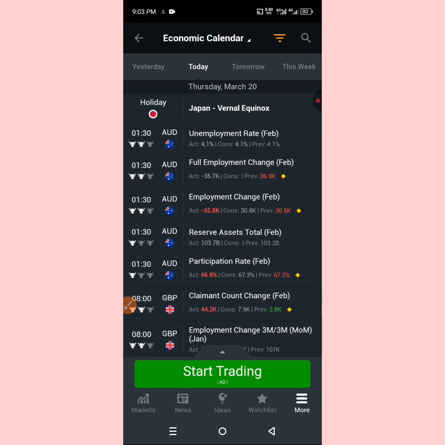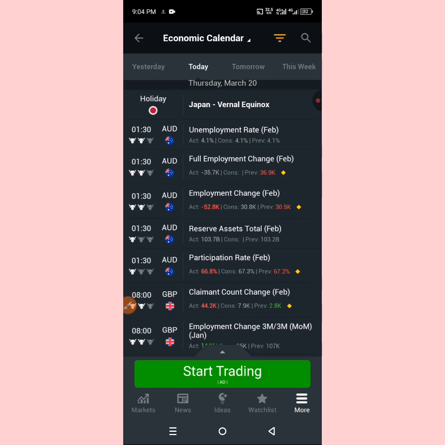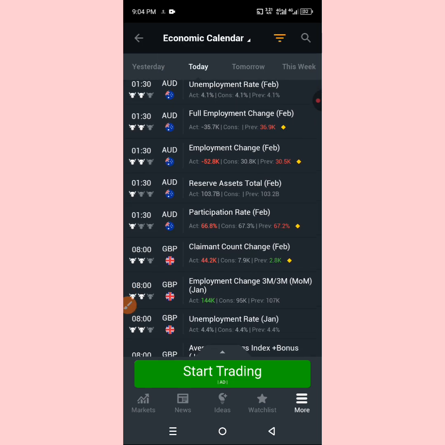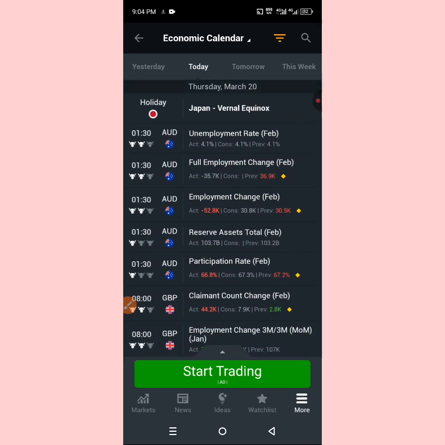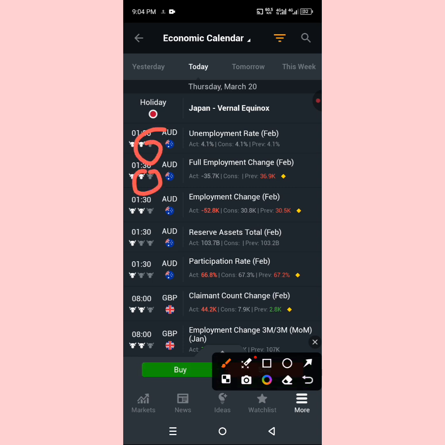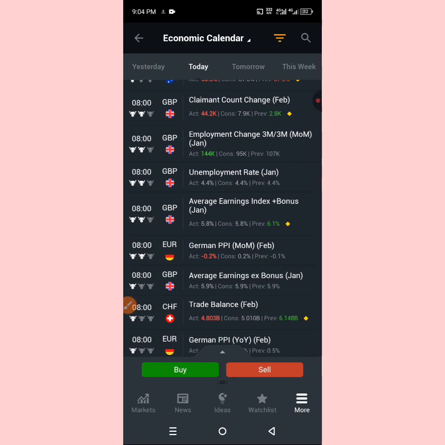What you see here is news of nations. You can see this one: Australian dollars, unemployment rates. These are news. If you look in all these places, you will discover that some of them have two bulls, one bull, and some have three bulls.